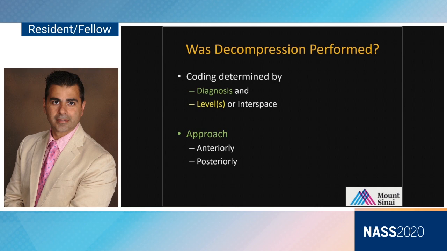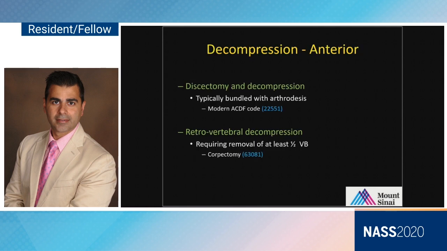And this is typically done based on diagnosis, as well as levels of interspaces or levels of vertebral segments that were involved. And again, you can do this with an anterior or posterior approach when it comes to the cervical spine. Anteriorly, typically it's a combination of a discectomy and an arthrodesis. In the older era, there were multiple codes that were utilized for the surgery.